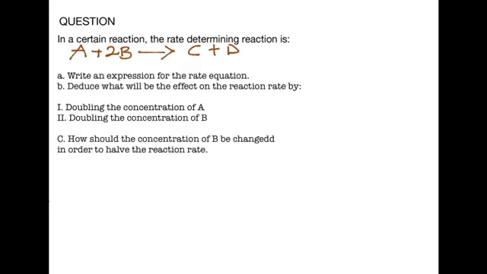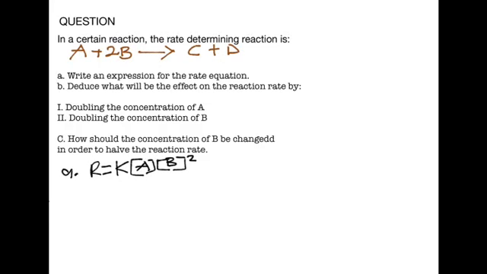Part A said, write an expression for the rate equation. Now, the most important thing we have to check is whether this reaction is a rate determining step, and that is stated in the question: the reaction given to us is the rate determining step. So that is simple. We'll go ahead and write our rate equation. That will be, let's say A, our R is going to give us our specific rate constant K, and then we have reactant A, then we have reactant B raised to the power 2.